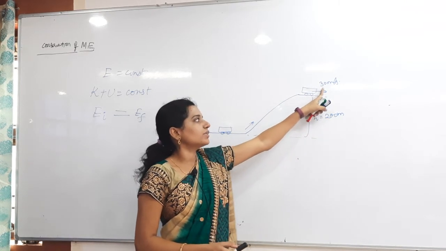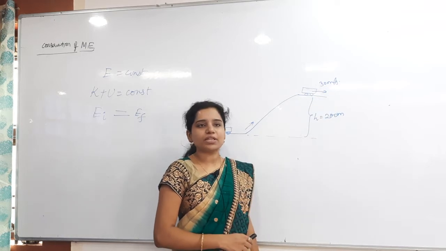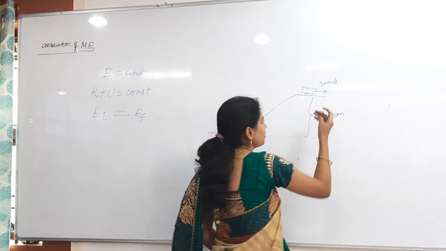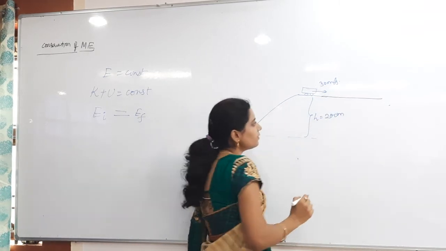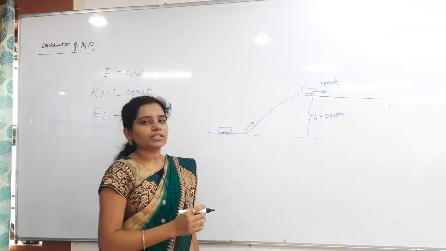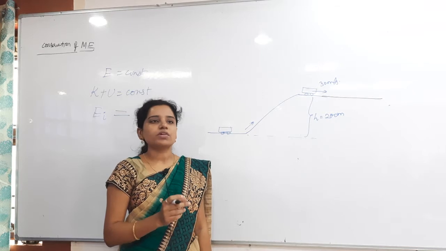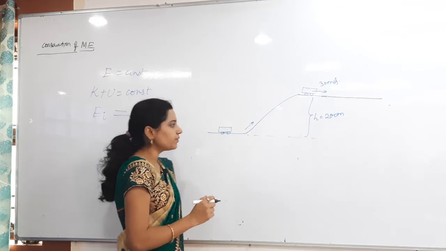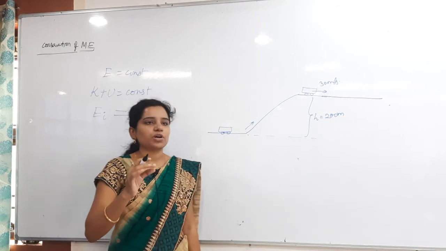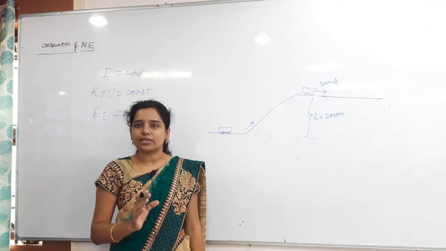On going it has a velocity of 30 meter per second, and after that it is continuing, of course. Whenever it is continuing, what they are asking is the potential energy gained by it and also the total energy.